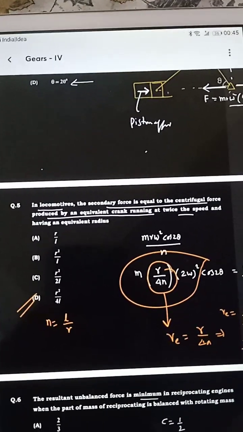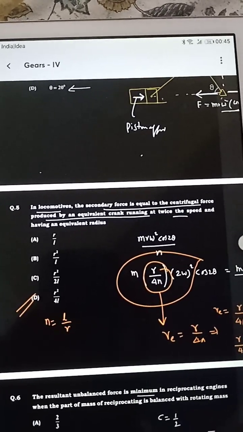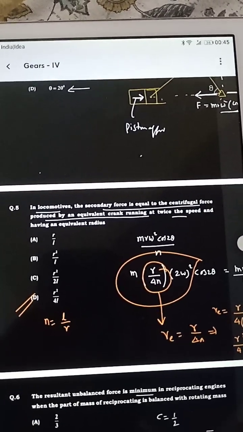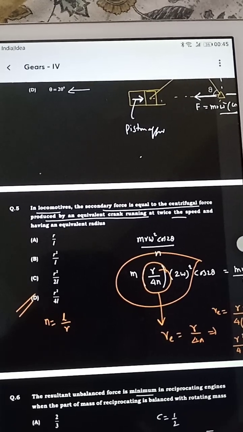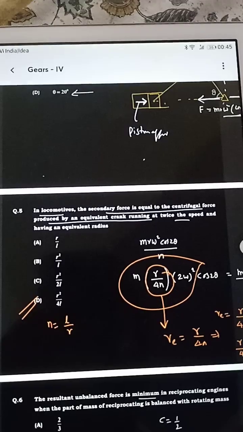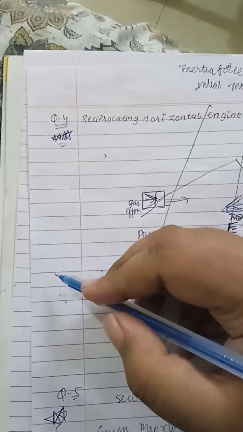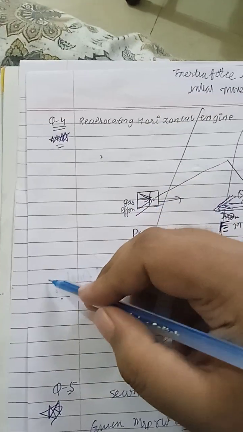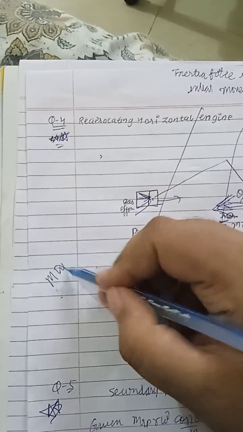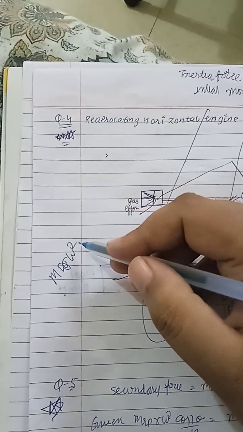In locomotives, the secondary force, meaning the secondary unbalanced force, is equal to the centrifugal force produced by an equivalent crank running at twice the speed and having an equivalent radius. What we actually do in that secondary thing is, we know from rotating mass the unbalanced force is m r omega square cos theta.